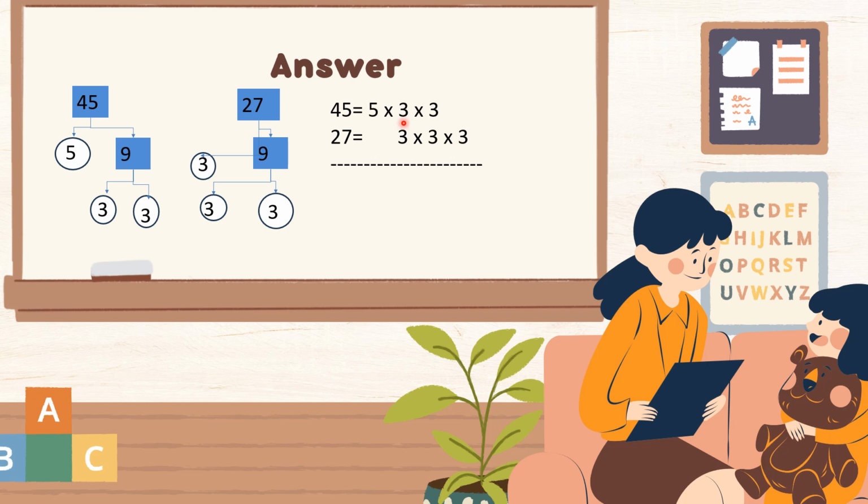And take care that we have written the common factors under each other. Okay, the GCF will equal 3 multiplied by 3. So GCF equals 9. Excellent. So this is the greatest number of team members.